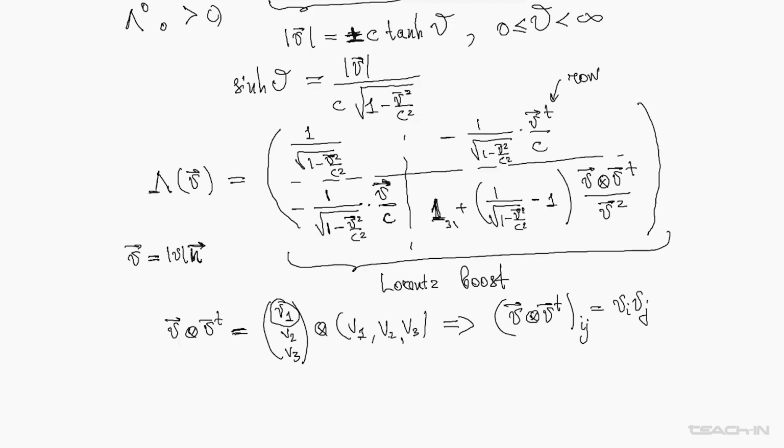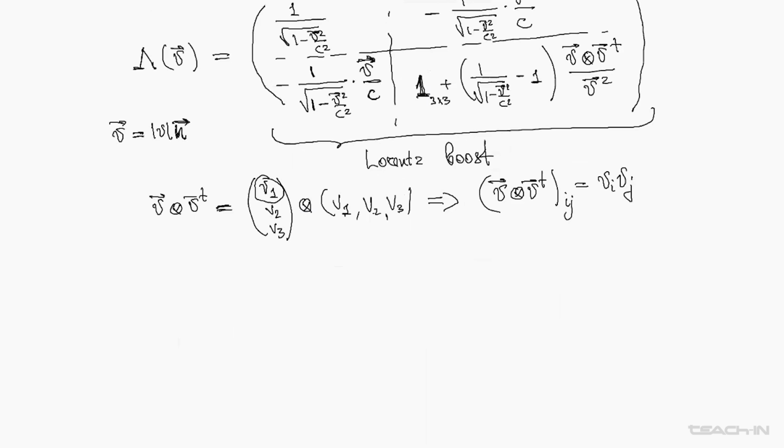Okay, so now we can formulate the general form of Lorentz transformations, namely the four-dimensional vector x prime is related to the original vector x by a rotation matrix over axis n by angle theta, and also by a matrix of Lorentz boost depending on the three-dimensional velocity vector.